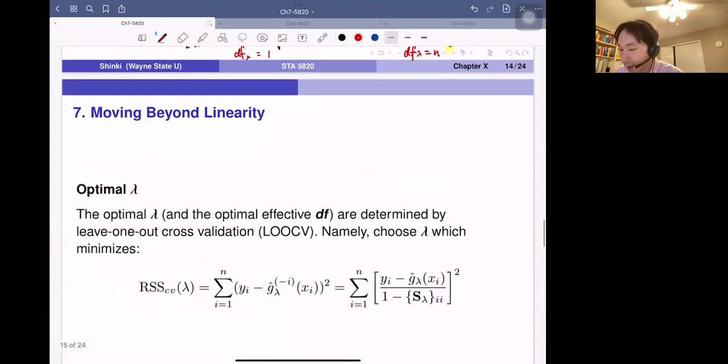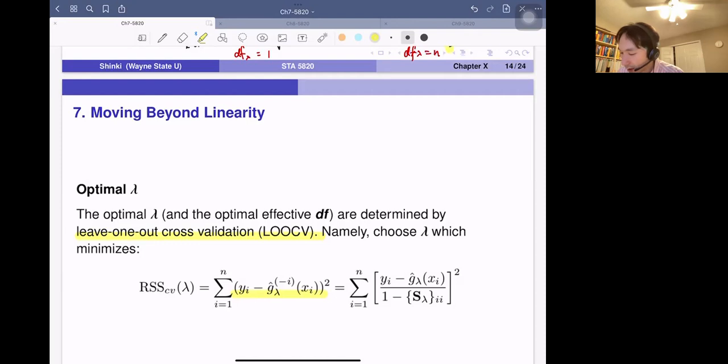And how to optimize lambda? The lambda is determined by cross-validation. For a linear model, the leave-one-out cross-validation is ideal, and we can quickly calculate it. So this is the cross-validated error.